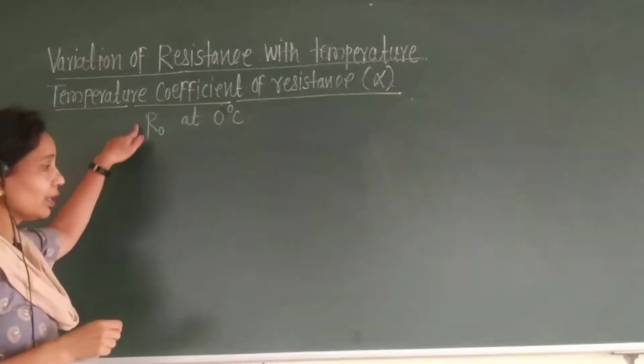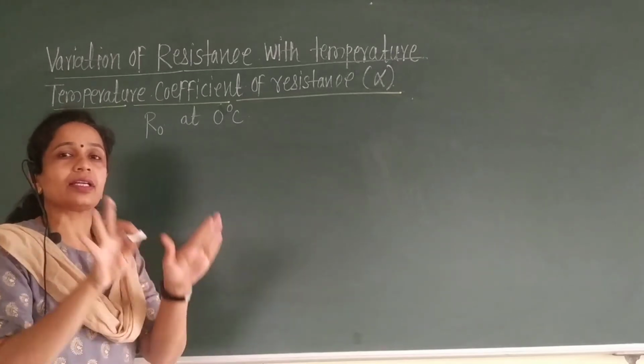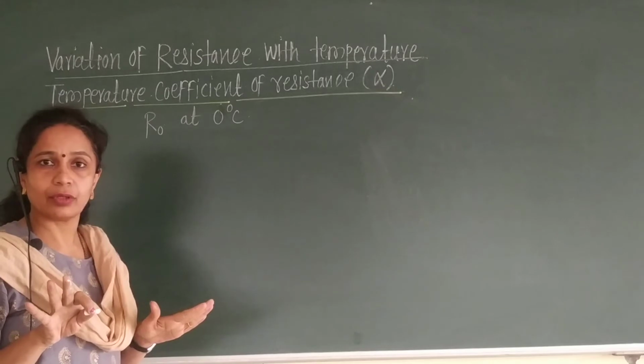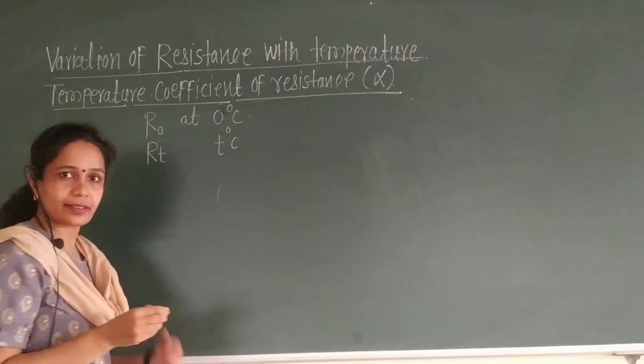That is, R0 is the original resistance of the material. Okay, then we consider RT is the resistance at T degree Celsius.